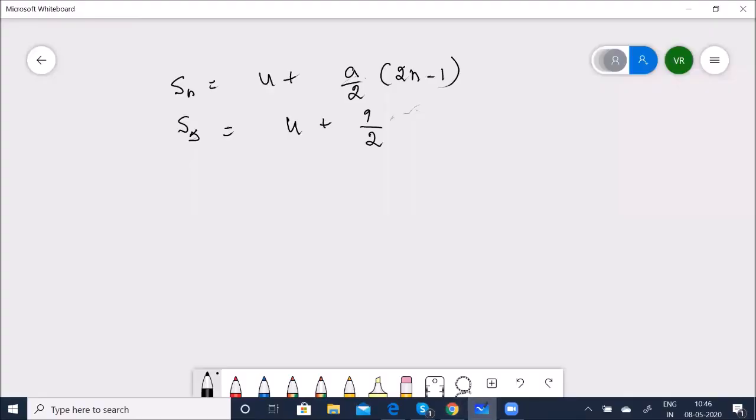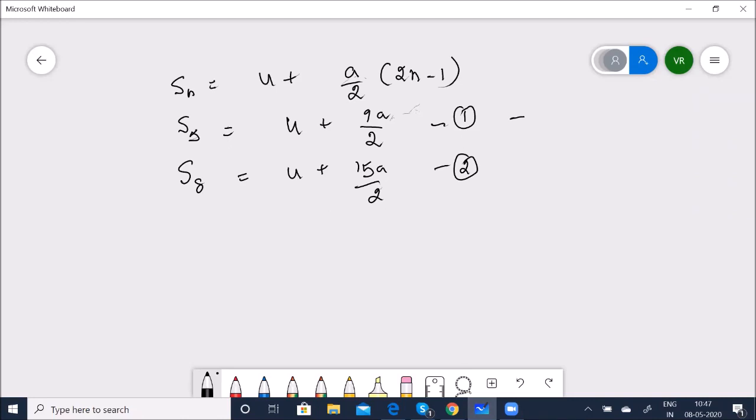Let us have this as the first equation. And then at the 8th second, it is going to be S8, which is equal to U plus 15a by 2, since 2 into 8 is 16, 16 minus 1 is 15. Let it be the second equation. And then we'll have to solve these two equations.